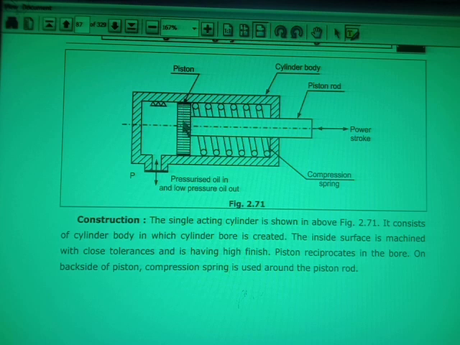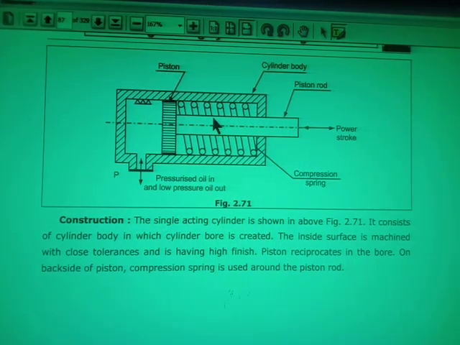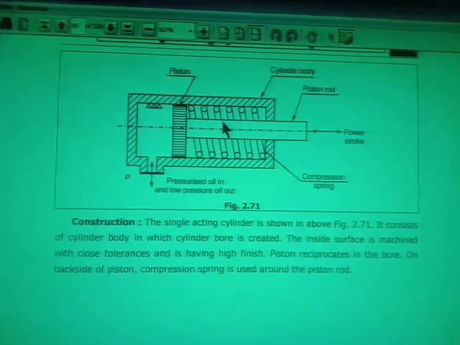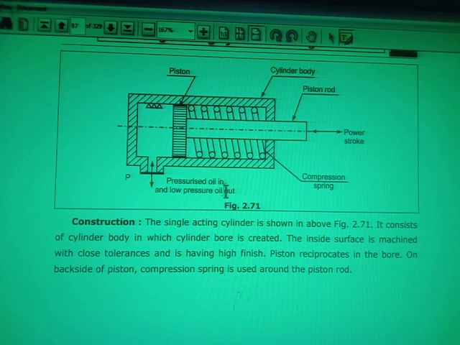This part is the piston of the hydraulic cylinder, and this part is the piston rod. And there is a compression spring provided here. This is the cylinder body, and in this cylinder body the piston is provided.